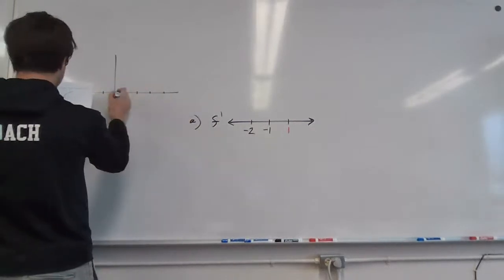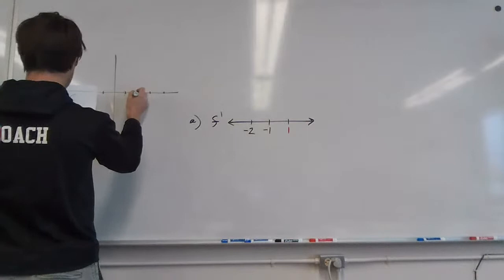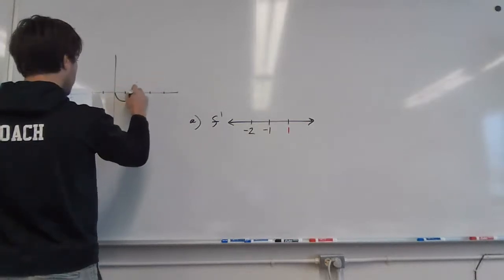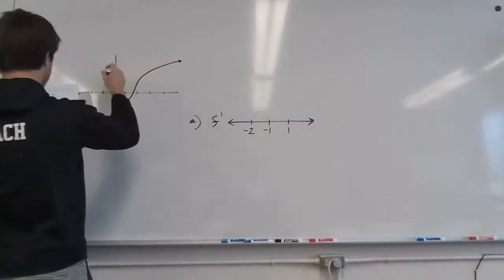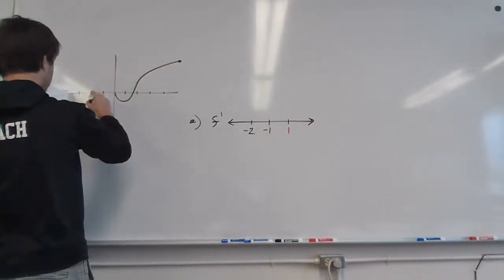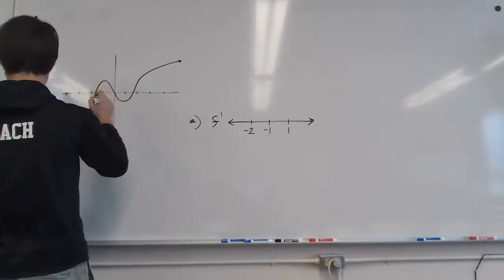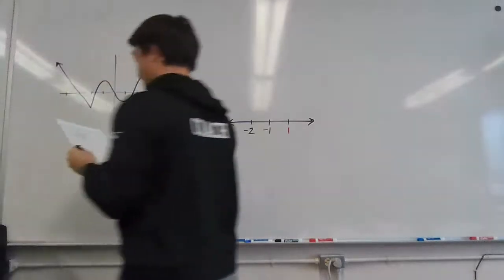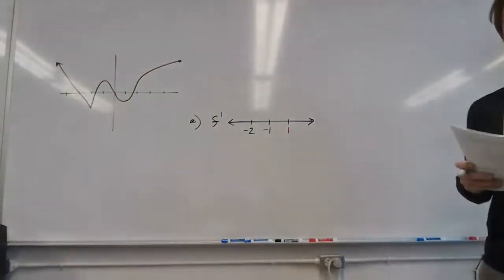Go ahead and fill that in if you're feeling confident. This is what I should have done the first time: drawing the hash marks before I drew all the things. Okay, close enough.